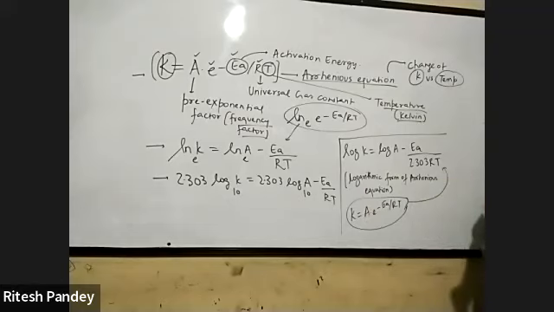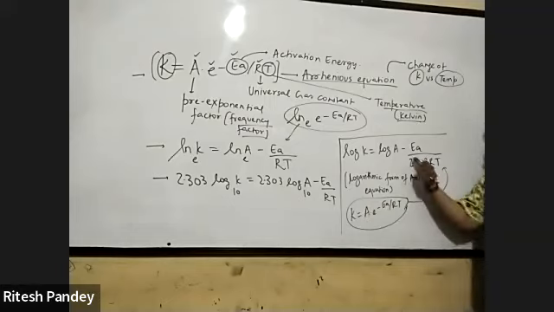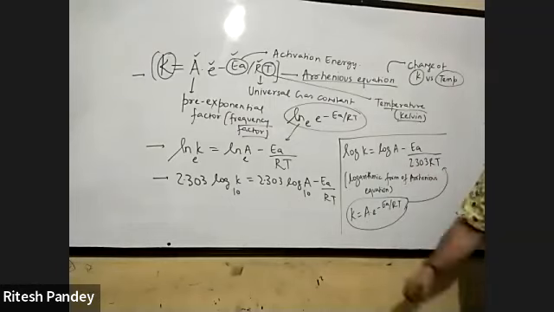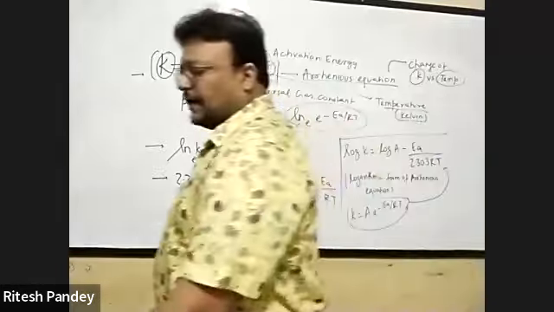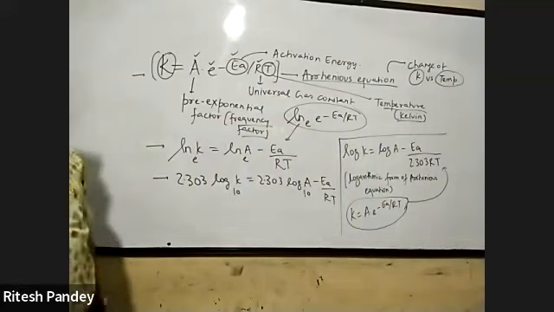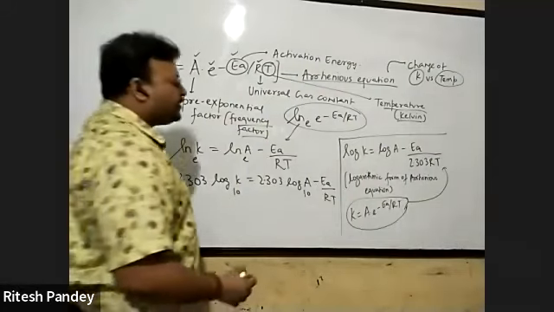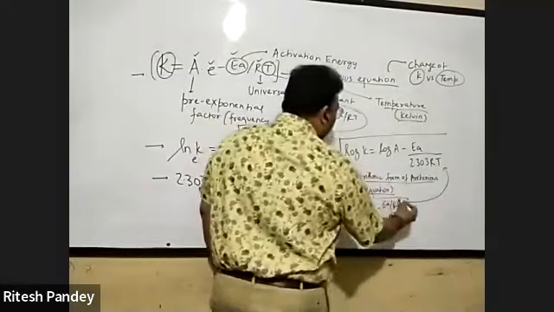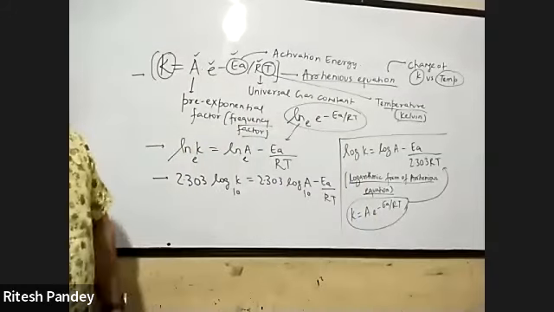I hope you're understanding me. This will be easier to work with. I've given you the Arrhenious equation, and then the logarithmic form of Arrhenious equation, which I told you will be more application oriented.